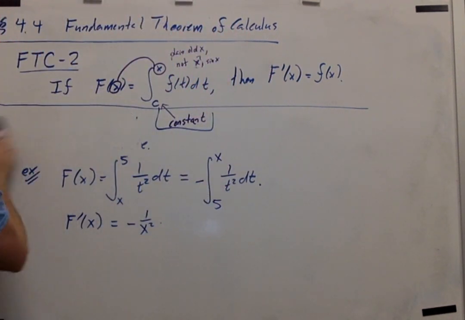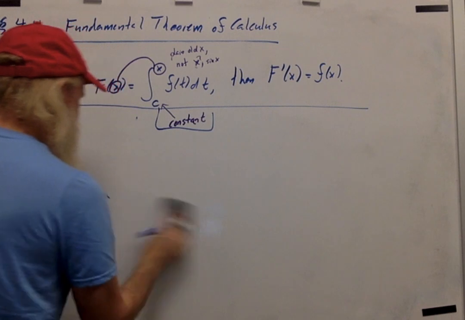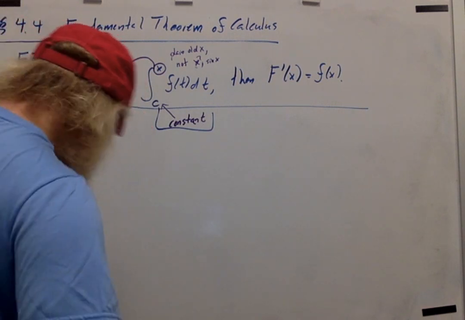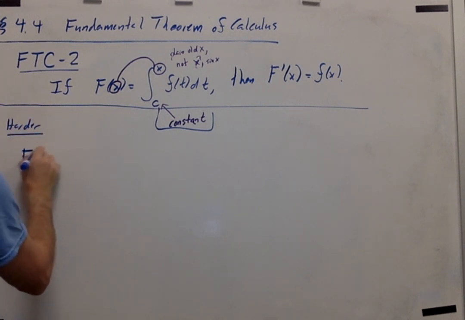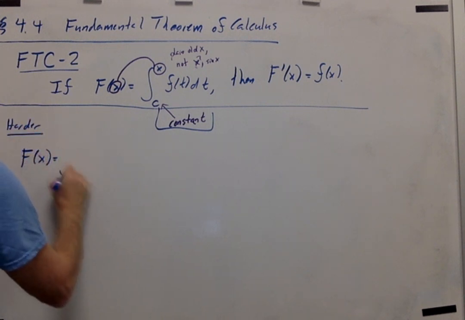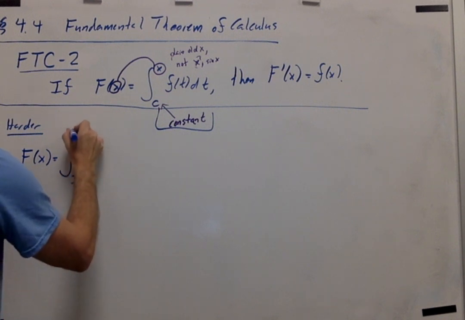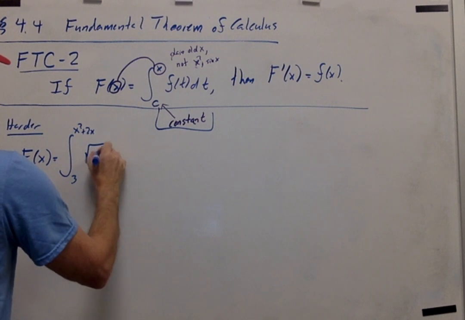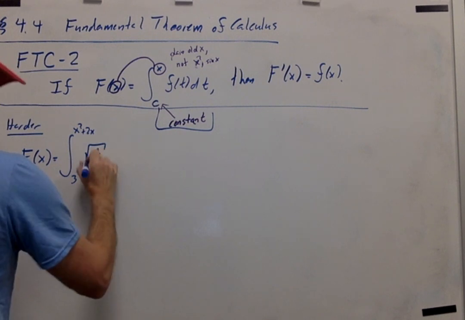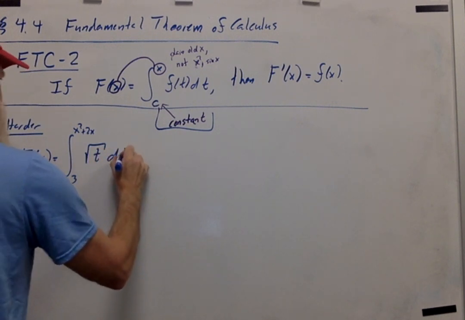Now here's another one, which is an even bigger problem. Suppose that big F of x is equal to the integral from 3 to x squared plus 2x of the square root of t dt.